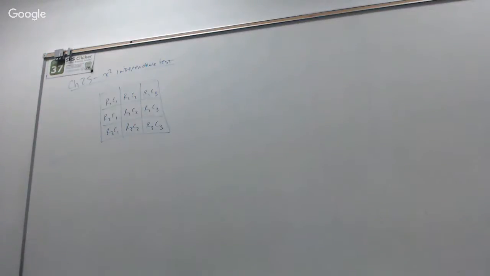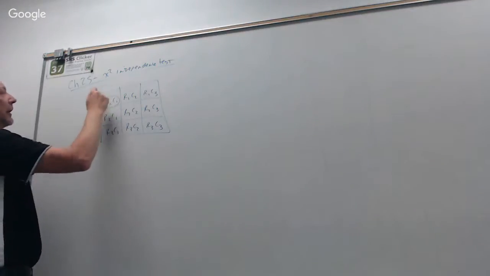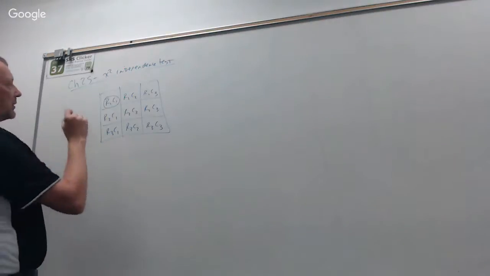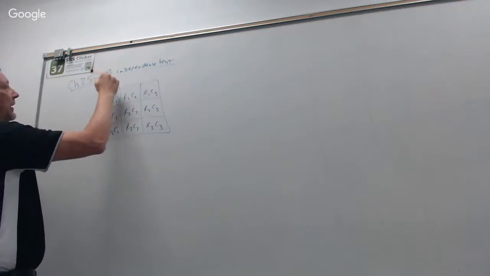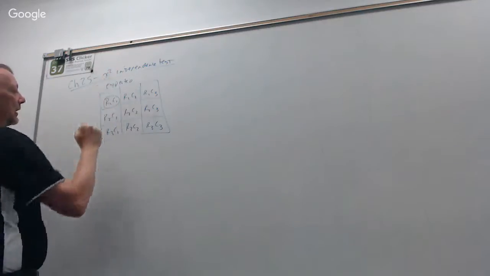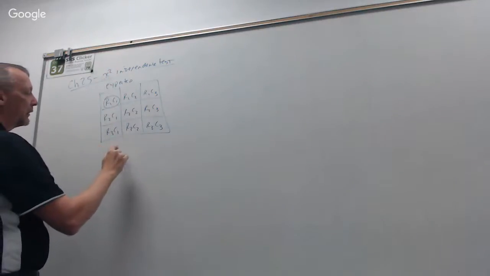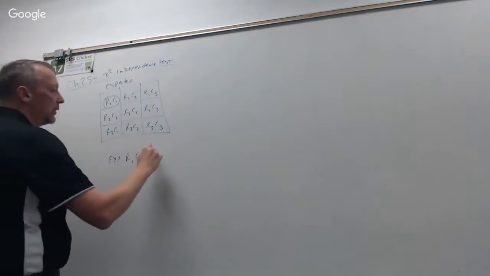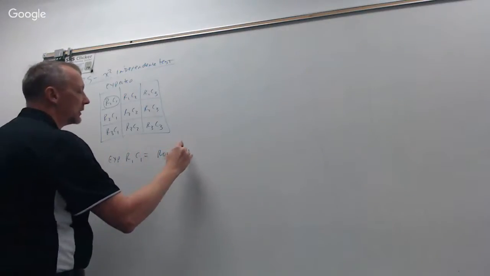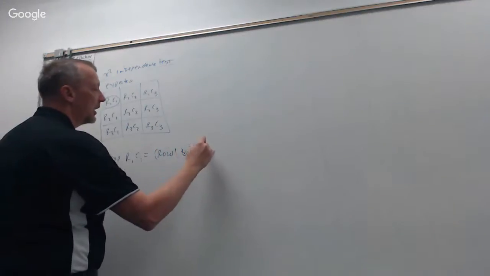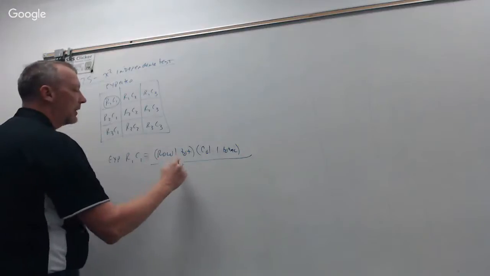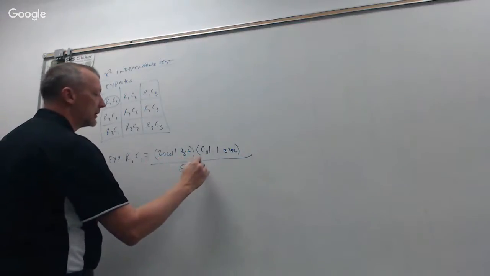Okay, so the equation I'm going to do is I'm going to highlight this one here. Wherever you are on the table, you're going to have to do this. This is for the expected values. Your expected for row 1, column 1 equals your row 1 total times your column 1 total divided by the grand total.